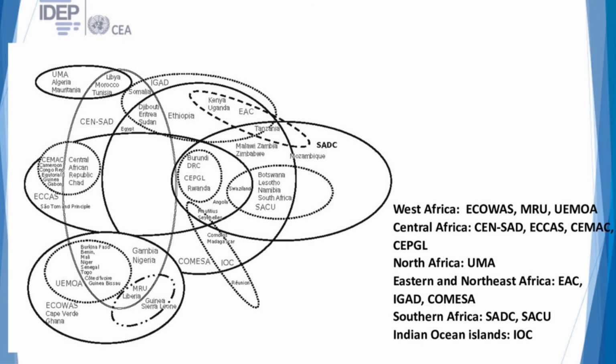In North Africa, we have the Arab Maghreb Union. In Eastern and Northeastern Africa, we have the East African Community, we have IGAD, and then coming to Eastern and Southern Africa, we have COMESA. And on the Southern African side, we have SADC, as well as SACU. And on the Indian Ocean islands, Mauritius, Madagascar, Seychelles, and all those other islands, we have the IOC.